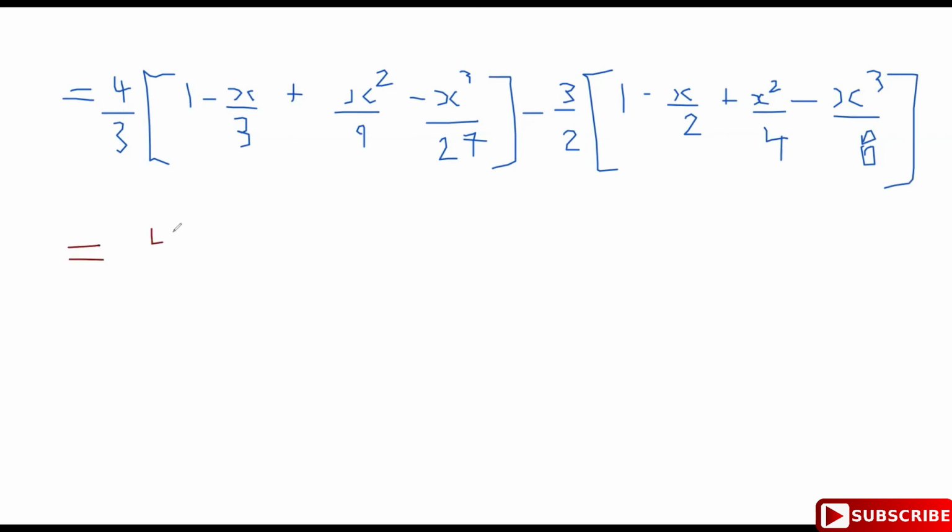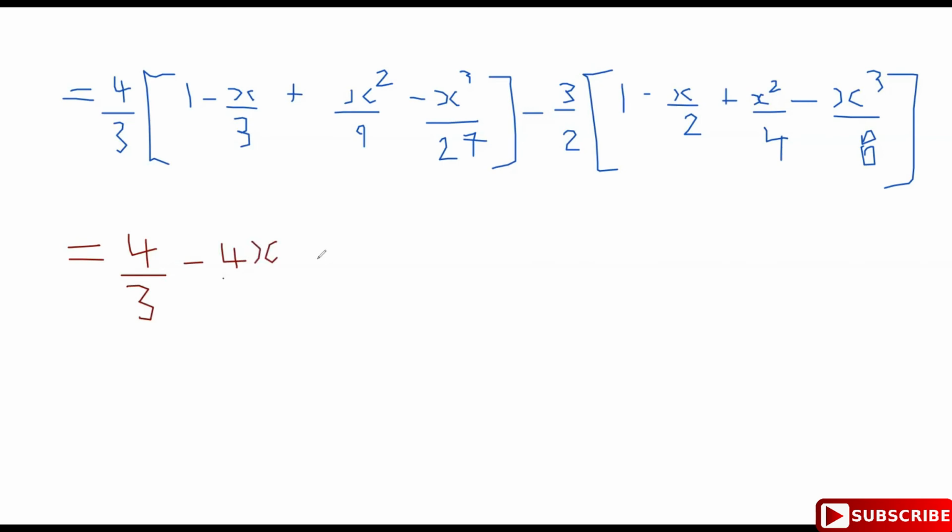So you just get 4 over 3. I'm grouping my constants first, 4 over 3, then my minus 3 over 2. All right, let me do it in order so it makes sense. Let's be very organized. This is 4 over 3 minus 4x over 9.